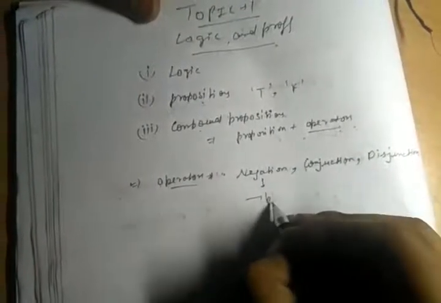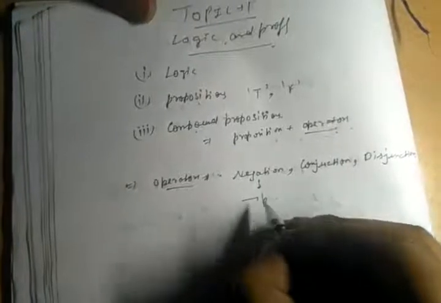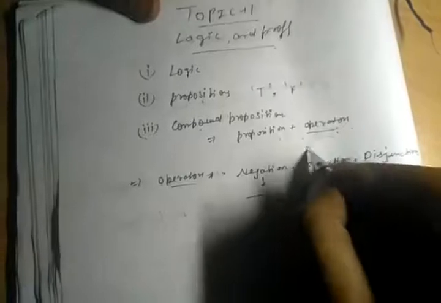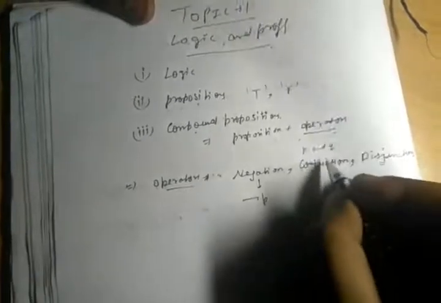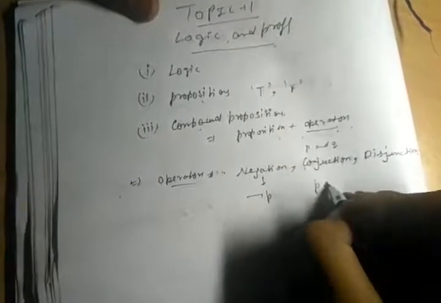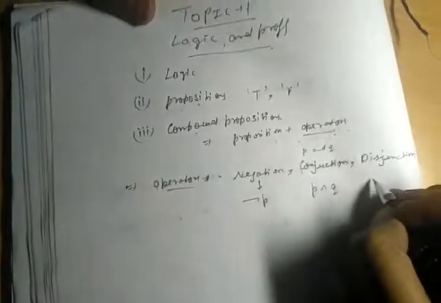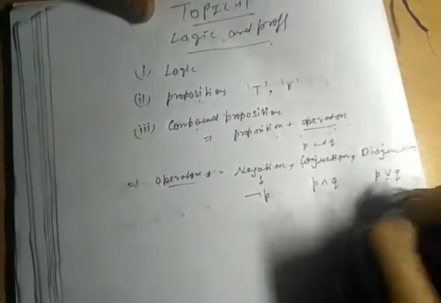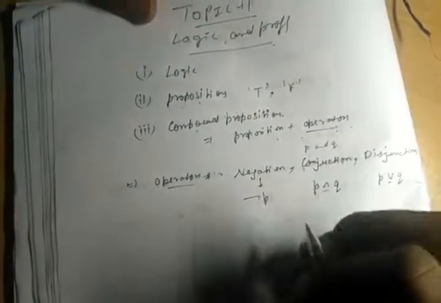Suppose that P is any statement. The negation of the P statement will be this. And if there are two statements, P and Q, the conjunction of these statements will be like this, P and Q. And the disjunction of the P and Q statements will be this. These are the symbols which denote these operators.